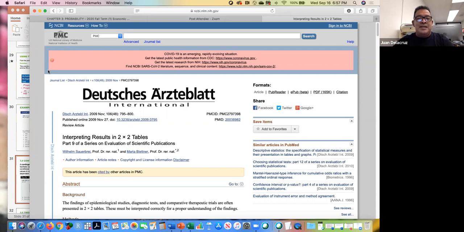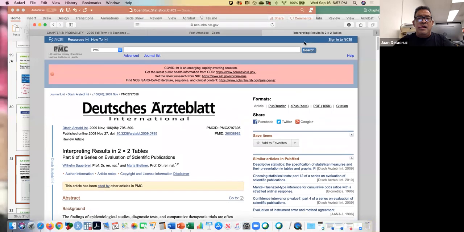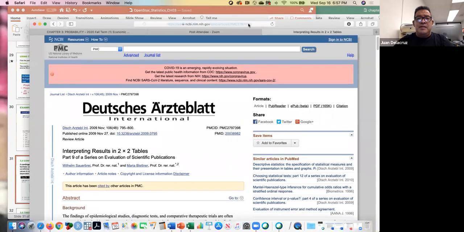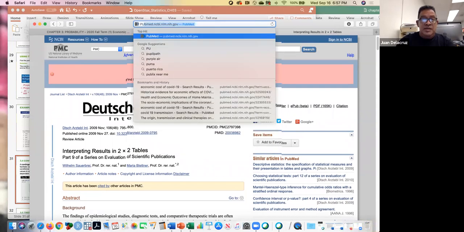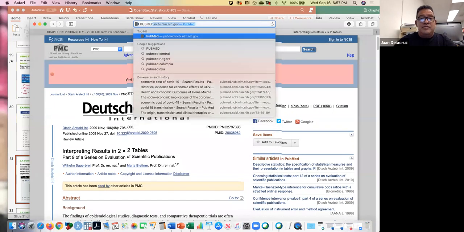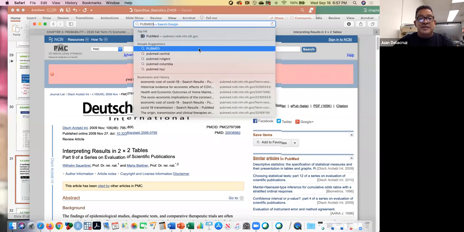Any paper that you can think of about diseases or anything related with public health, you're going to find it here. It's called PubMed. If you type PubMed, you are going to find this website.